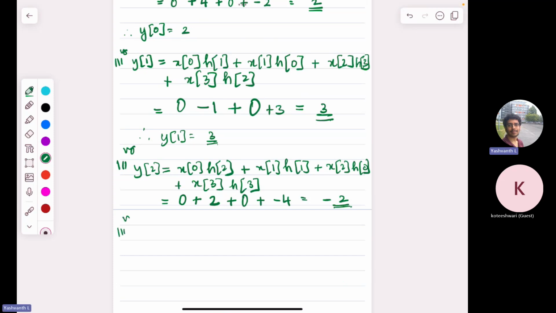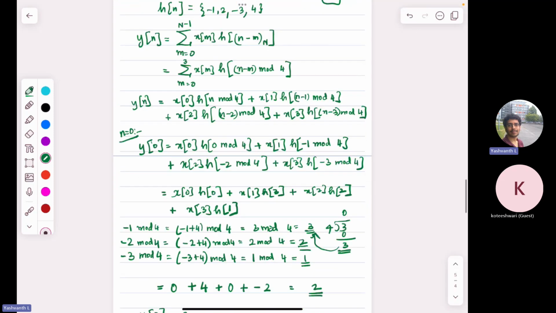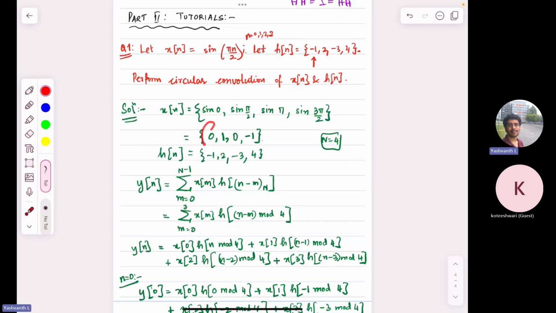Finally, your y of 3 will be nothing but x of 0 into h of 3 plus x of 1 into h of 2 plus x of 2 into h of 1 plus x of 3 into h of 0. So x of 0 into h of 3: 0 into 4 is 0.